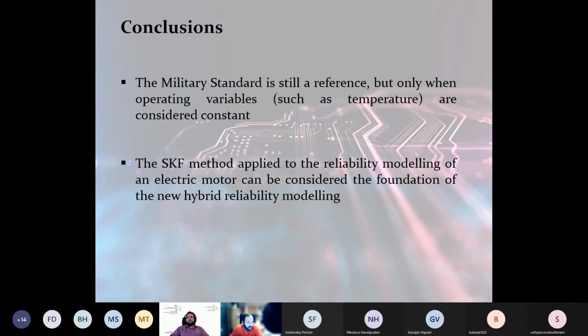And we hope that in the future we can have more and more models that allow us to improve the knowledge of the equipment in such industrial devices, and in this way we will be able to create more realistic models for analyzing the dependability and to know the remaining useful life of these systems.